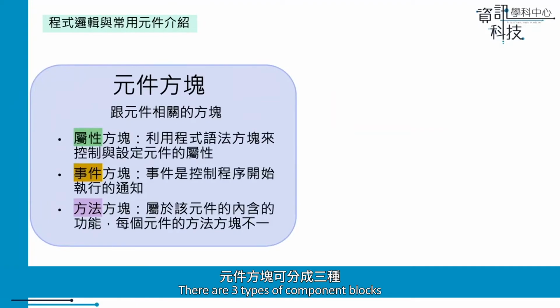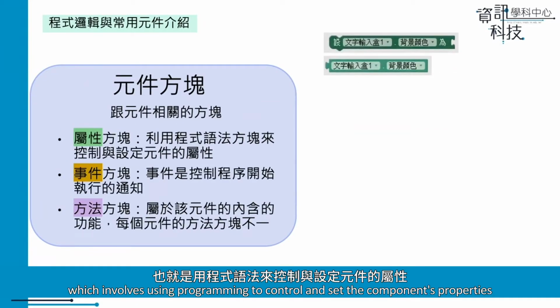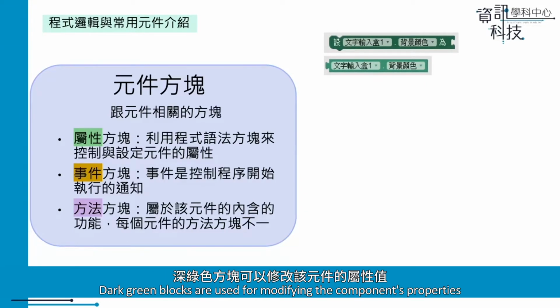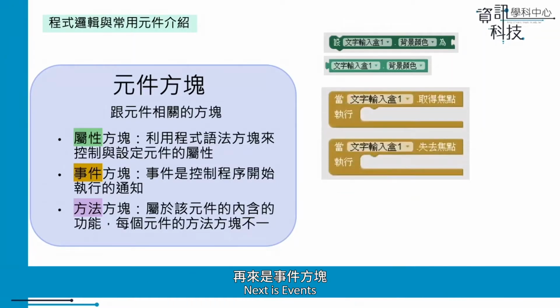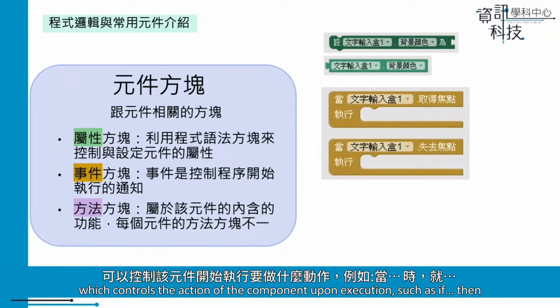There are three types of component blocks. First is properties, which involves using programming to control and set the component's properties. Dark green blocks are used for modifying the component's properties, while light green blocks are used for getting the values of the component's properties. Next is events, which controls the action of the component upon execution, such as if, then.